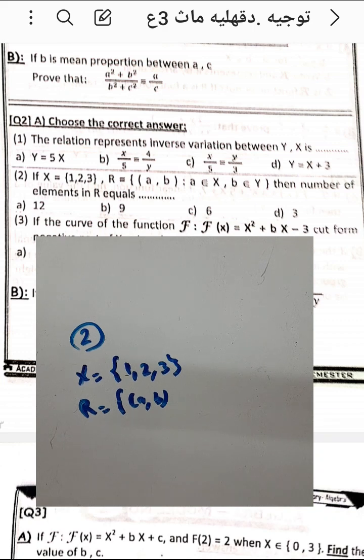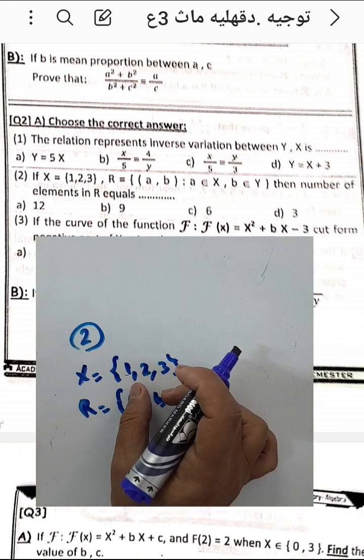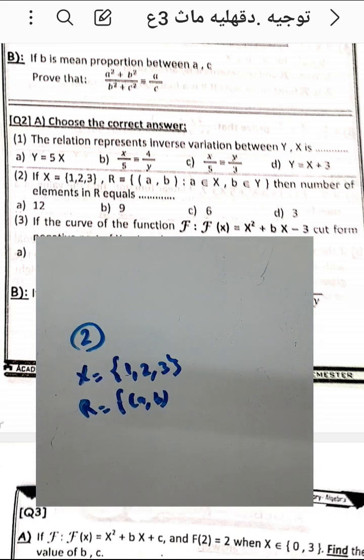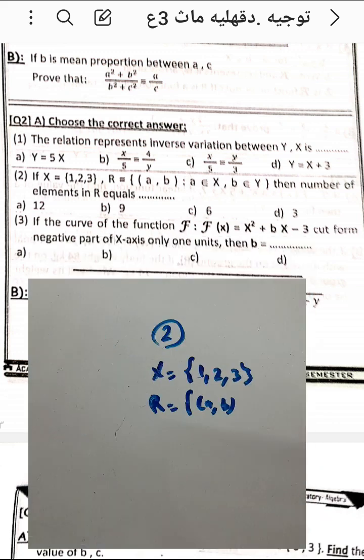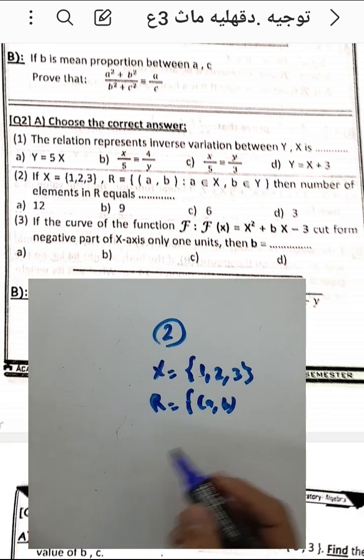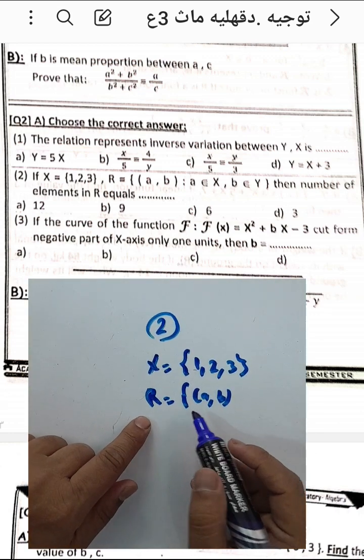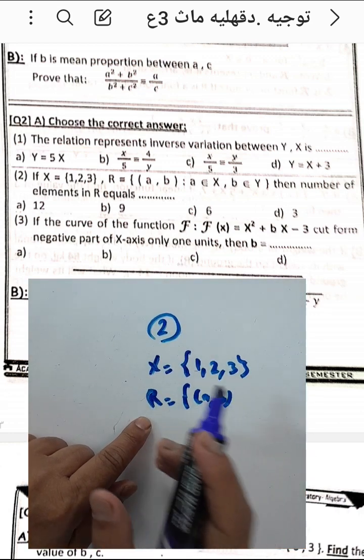We have this point (a, b), a belonging to x and b belonging to y. Okay, it will be a belonging to x and b belonging to x again. Then this is not a function, it's a relation between x and itself.